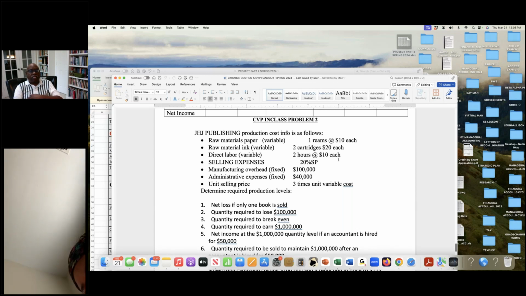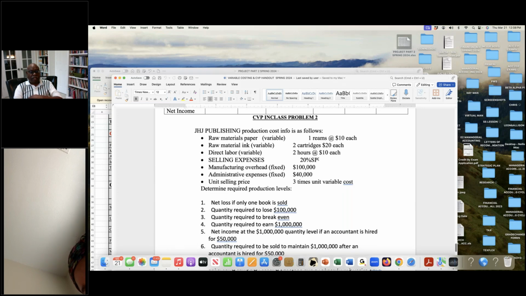So you're going to have to go in and calculate the cost now for a manufacturing company. You got selling expenses, you got manufacturing overhead, and your unit selling price is a multiple of 3 times the unit variable cost. 3 times the unit cost.